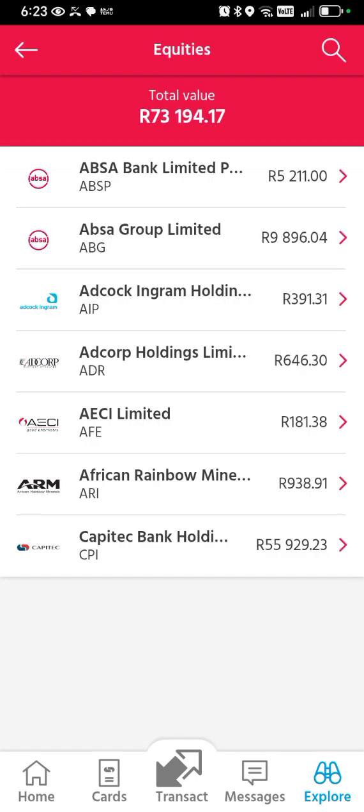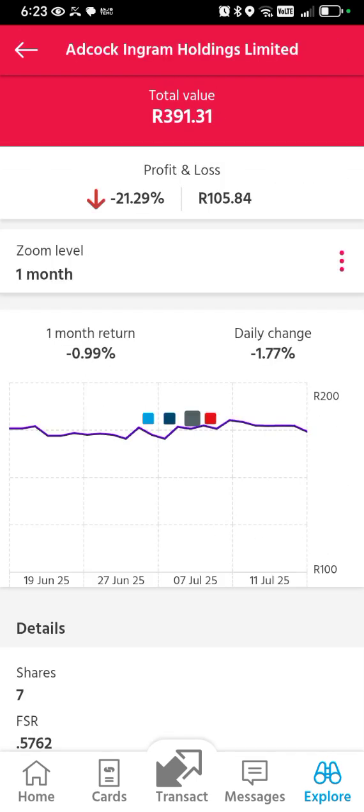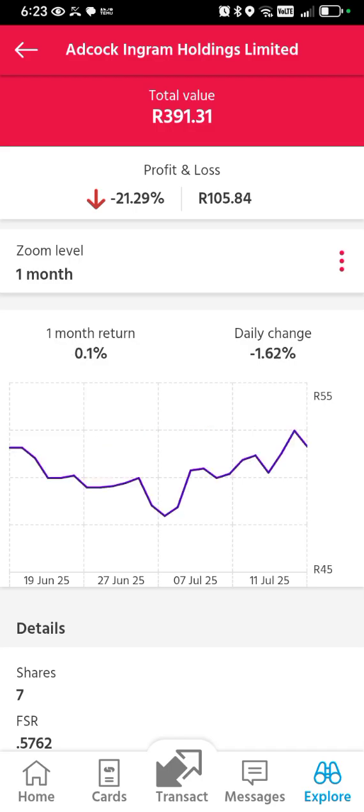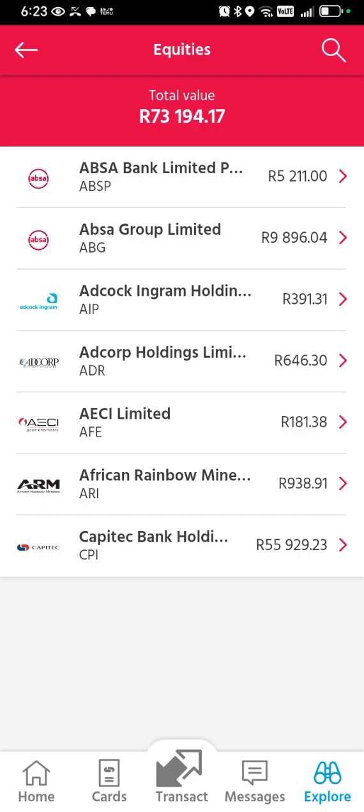Then there is this Adcock Ingram. You see this one, it's a huge loss because it's a minus 21% drop. So I bought shares for 391 rand. So you need to divide your shares.